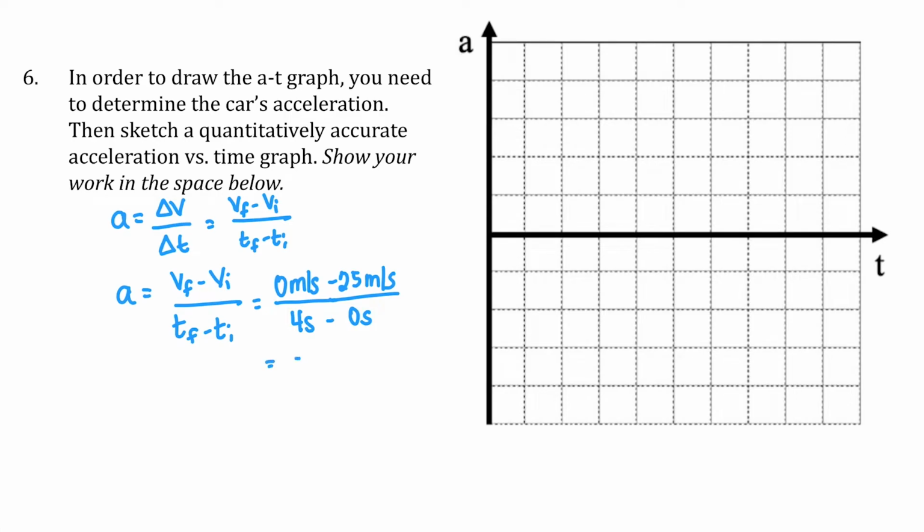And so that means it's going to be negative 25 meters per second over 4 seconds, which is going to be negative 6.25 meters per second per second.